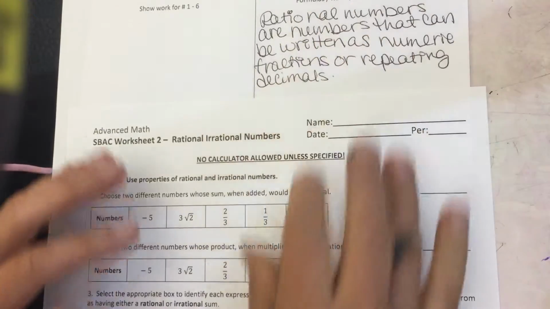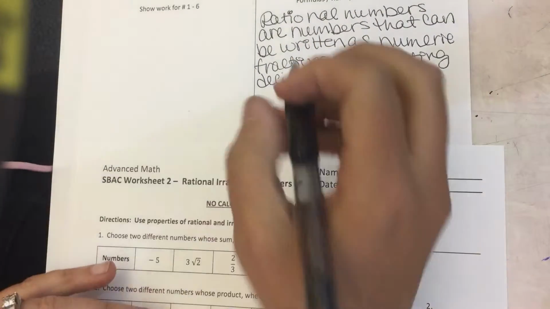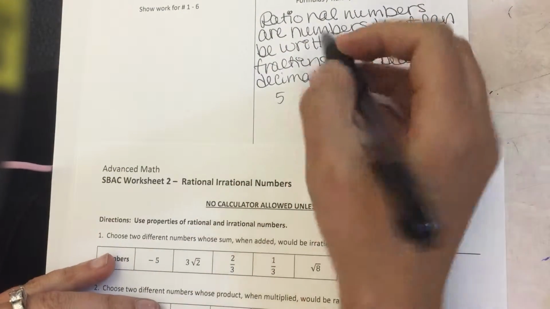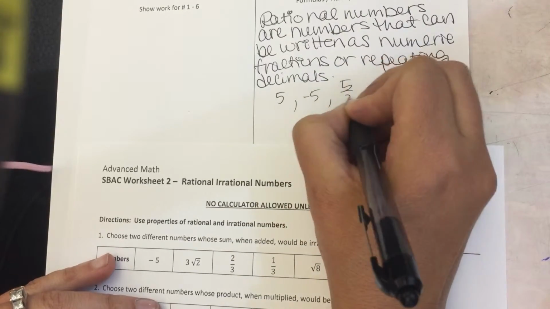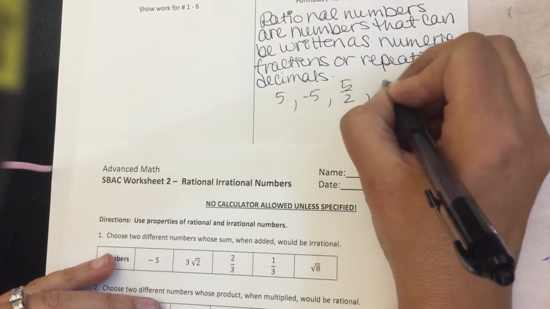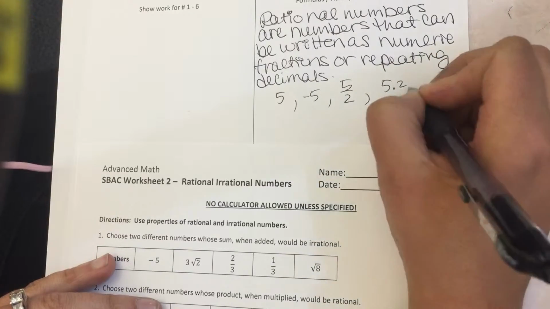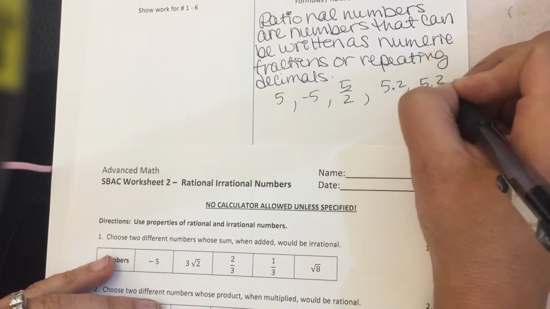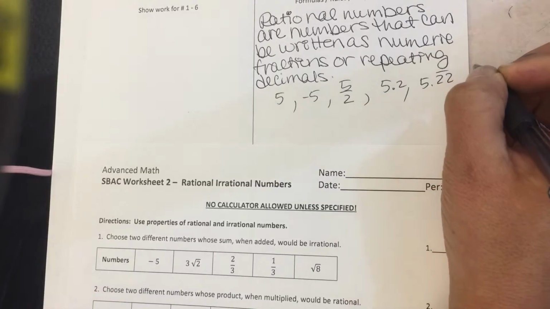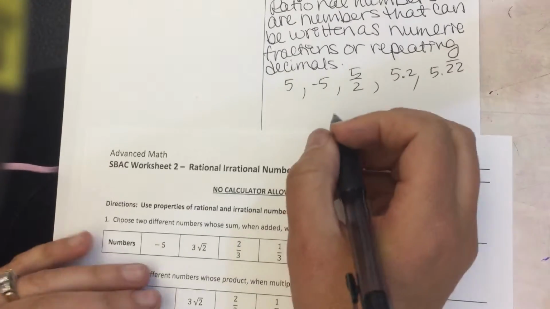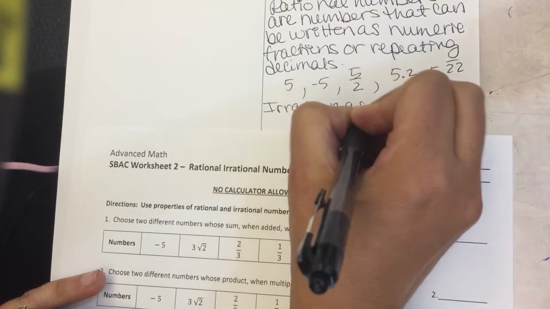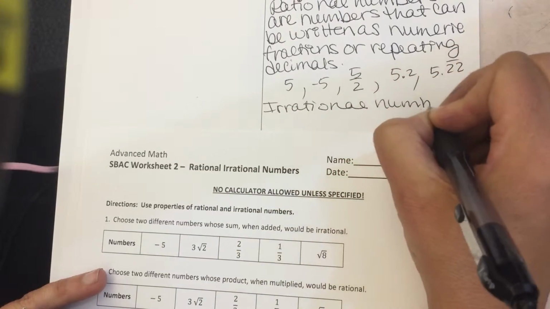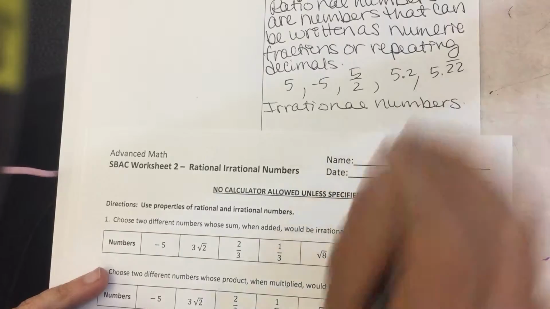So that would be things like a 5, a -5, a 5/2, a 5.2, or a 5.22 repeating, something like that. Irrational numbers are the exact opposite.